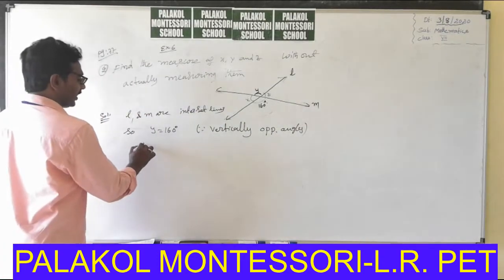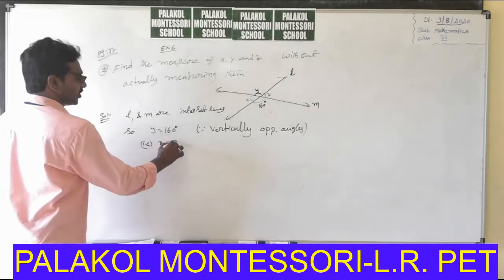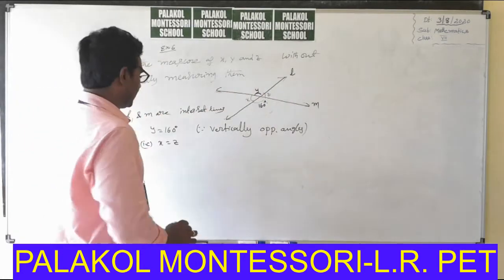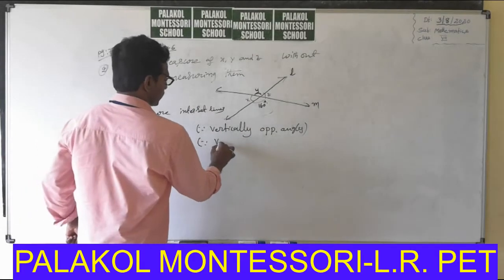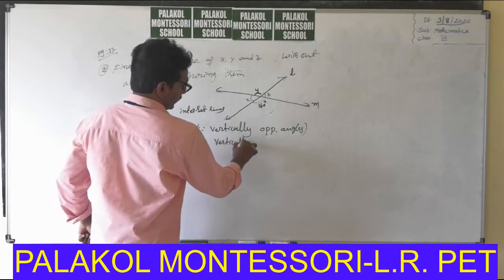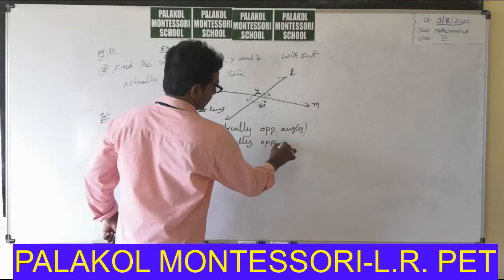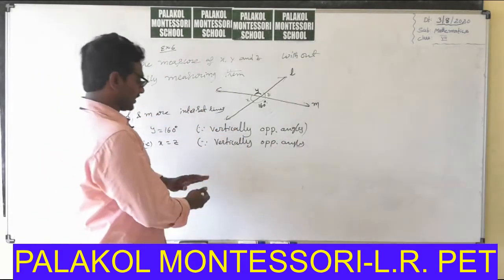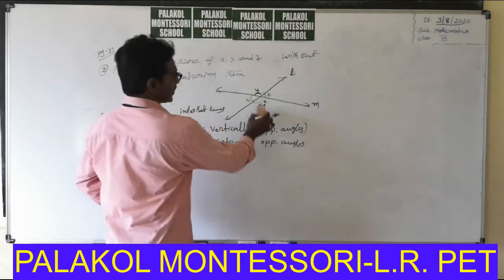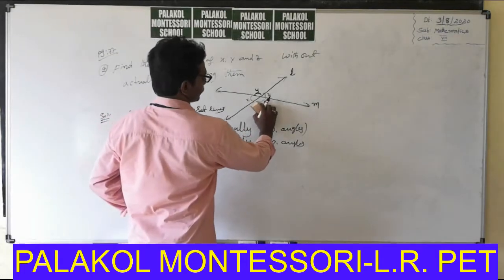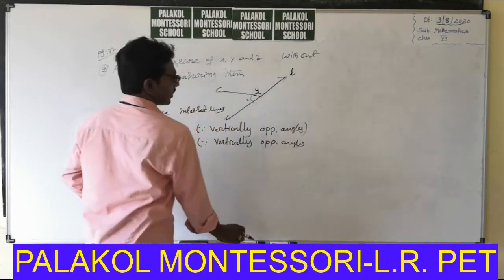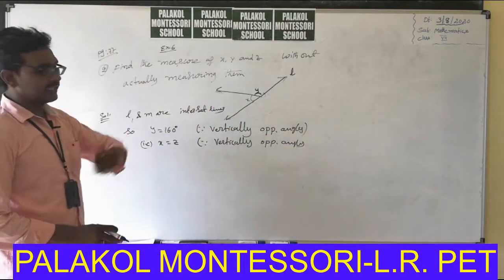Similarly, x is equal to z, since they are also vertically opposite angles. Okay, guys, please observe. Suppose this is closed.